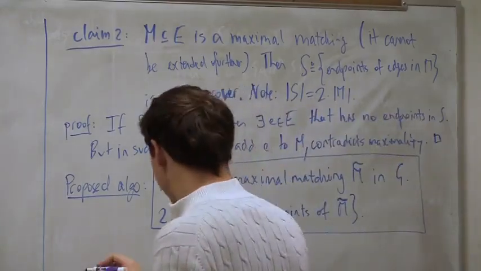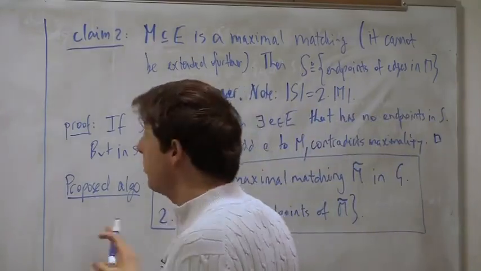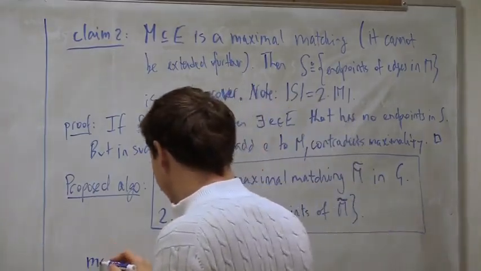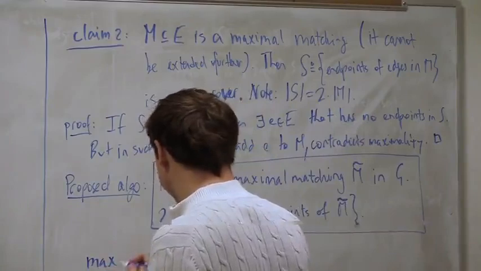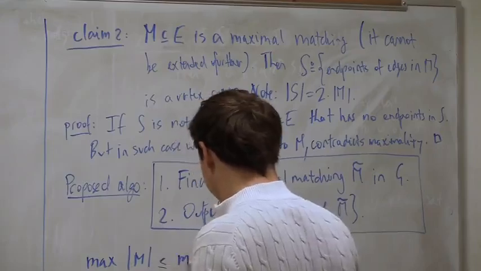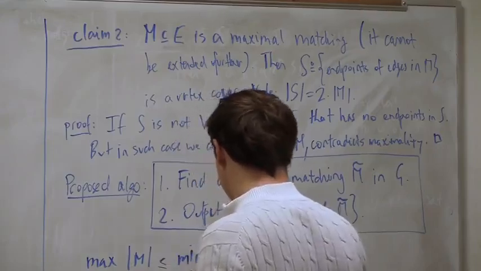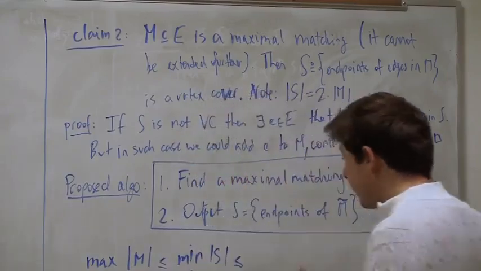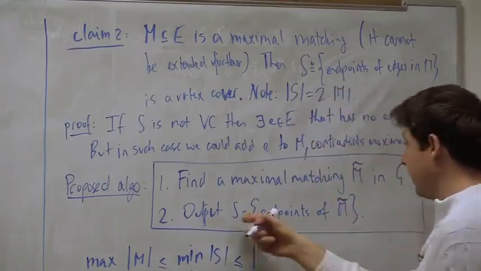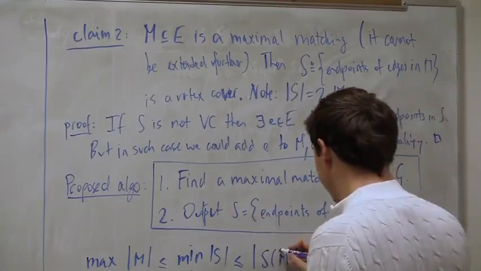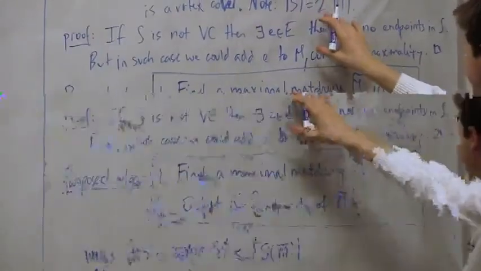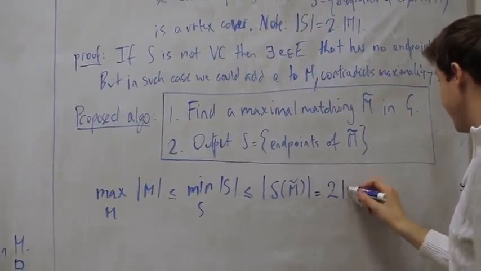Okay, well, let's see. So we need to prove that the approximation ratio is 2. So first, let's notice that the maximal matching is at most, as we remarked earlier, the minimum vertex cover. And the minimum vertex cover is certainly no more than the size of the vertex cover that we construct. Let's call it S of M tilde. And S of M tilde, because it's constructed in this way, is exactly 2 times the size of M tilde.